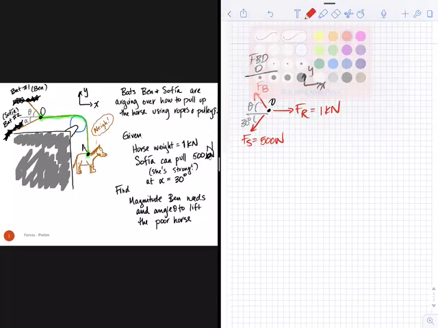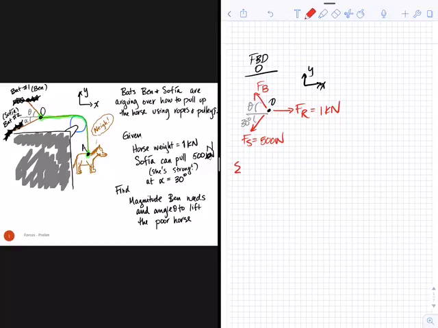So we'll set up our 2 equations. Let's start first with sum of forces X. So we have minus FB cosine theta minus FS cosine 30, which I'm going to leave as alpha for right now, plus 1 kilonewton equals 0.